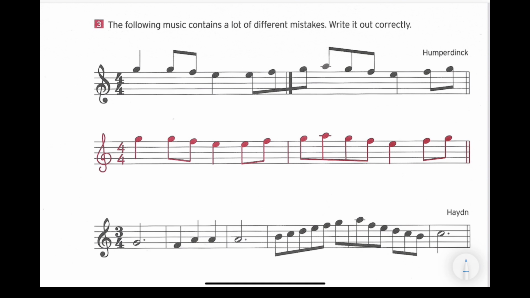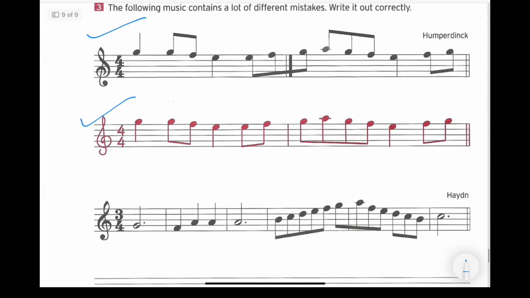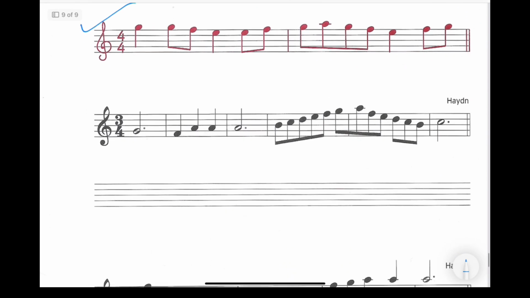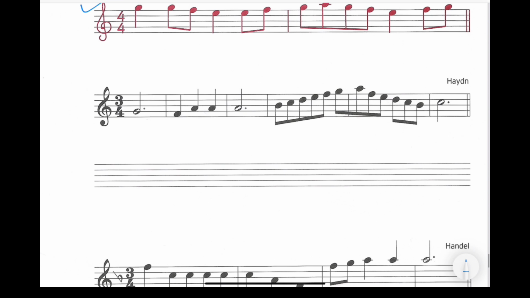The following music contains a lot of different mistakes. Write it out correctly. So they have made the mistakes in these sequences and you have to correct them here. So let's go straight to our first question. So the time signature is 3 4. That means there should be three beats in each bar.